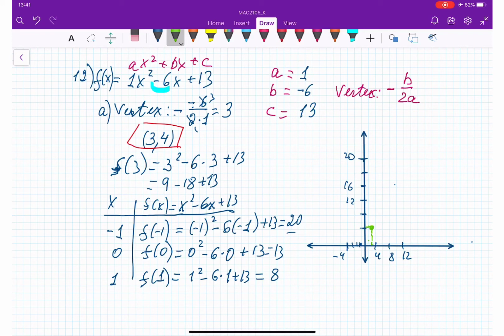Three and 4. This is 3. This is 4. Okay. What else? This is our vertex.